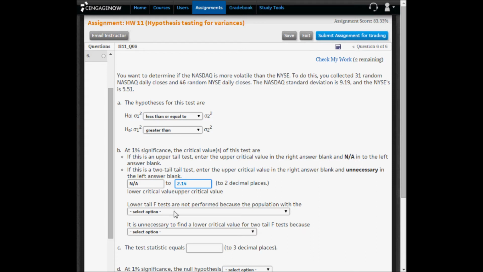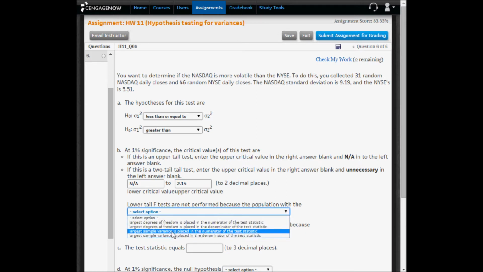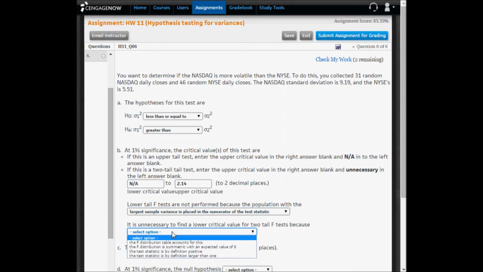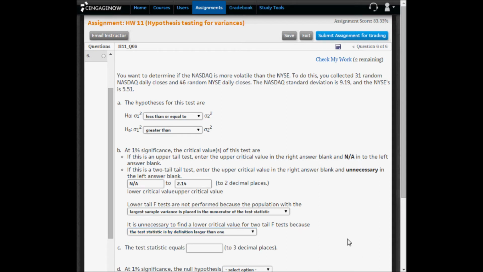The lower tail F tests are not performed because the population with the largest sample variance is placed in the numerator of the test statistic. It is unnecessary to find a lower critical value for the two-tailed F test because the test statistic is by definition larger than 1. I got to reiterate that point over and over.